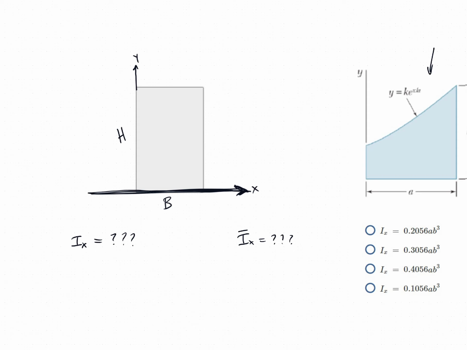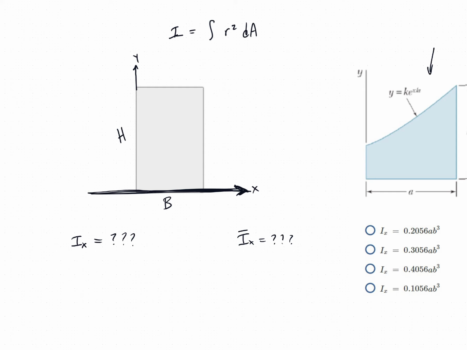Okay, and so what I want you to remember is that the moment of inertia, let's just call it a general moment of inertia, is the integral of the radius squared dA.